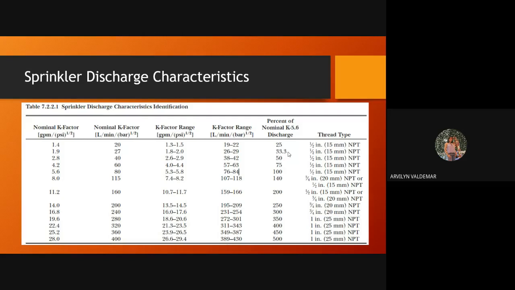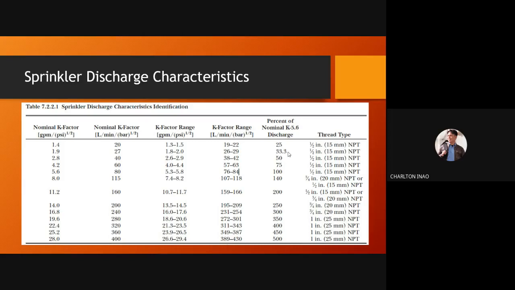So ito po sir yung sprinkler discharge. Ano parameter yan? May K factor, gallons per minute per square root of PSI. Naka-square root ba yan? Opo sir. 1/2, no? GPM per nominal K factor. Mga factor pala yan. Opo sir.